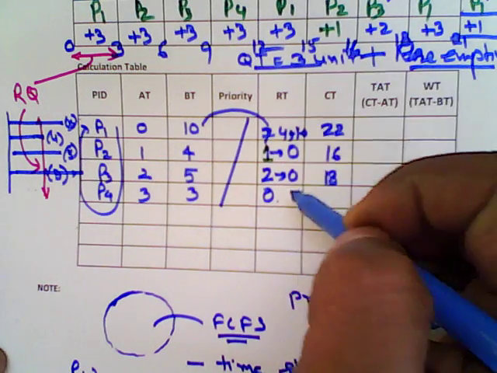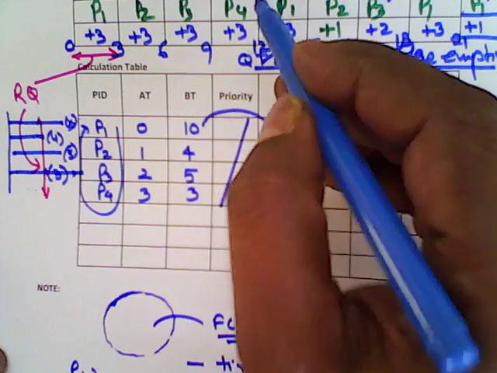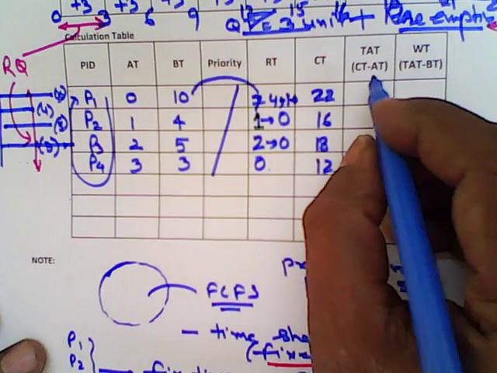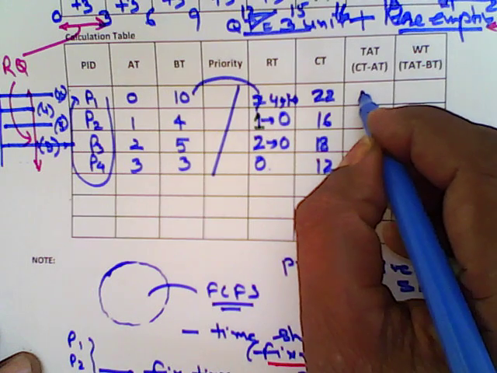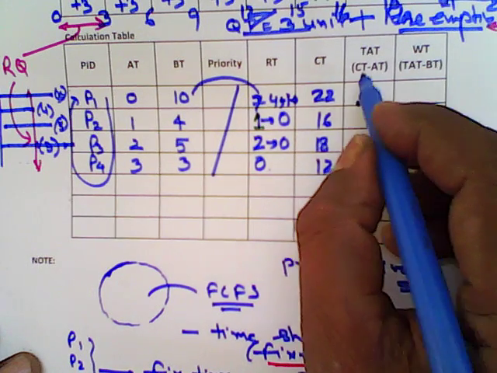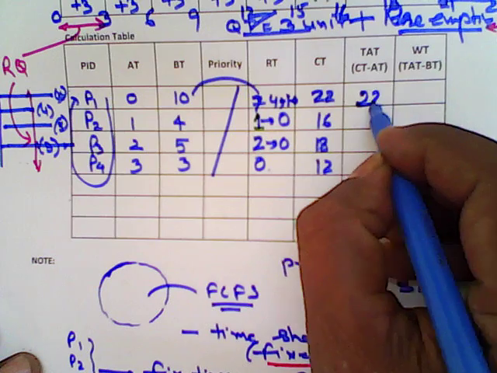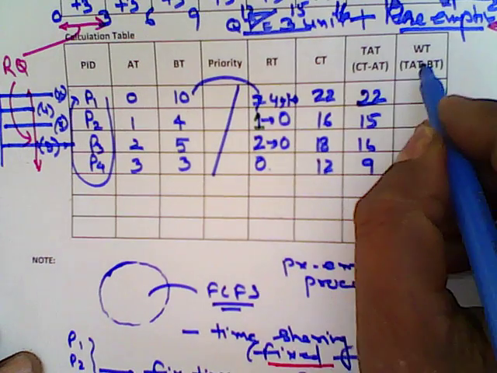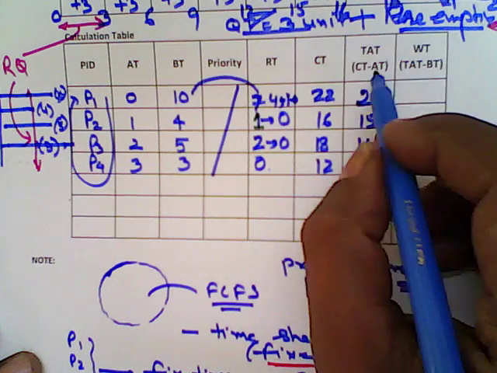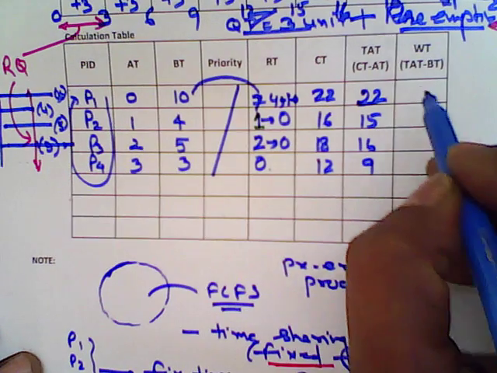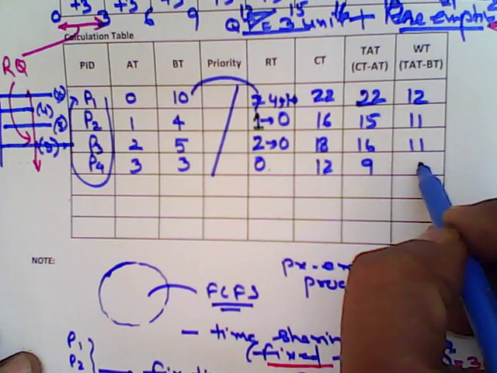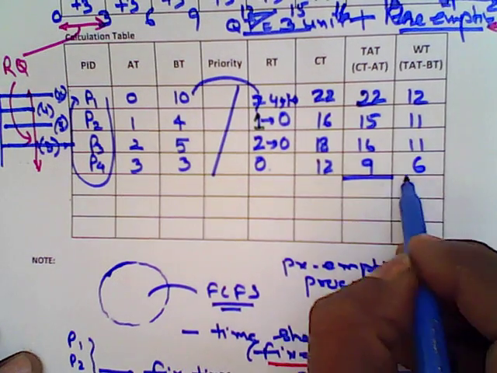Now the turnaround time is CT minus AT, that is 22, then 15, 16 and 9. Waiting time is turnaround time minus BT, which equals 12, 11, 11 and 6. Now we sum up and find the average.